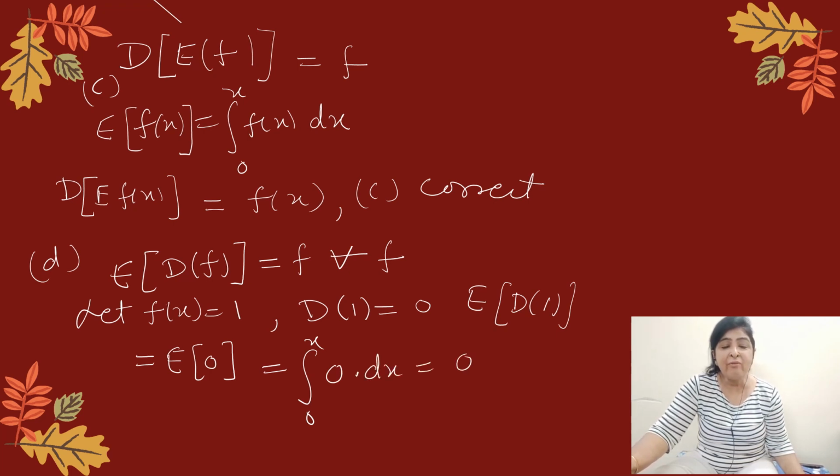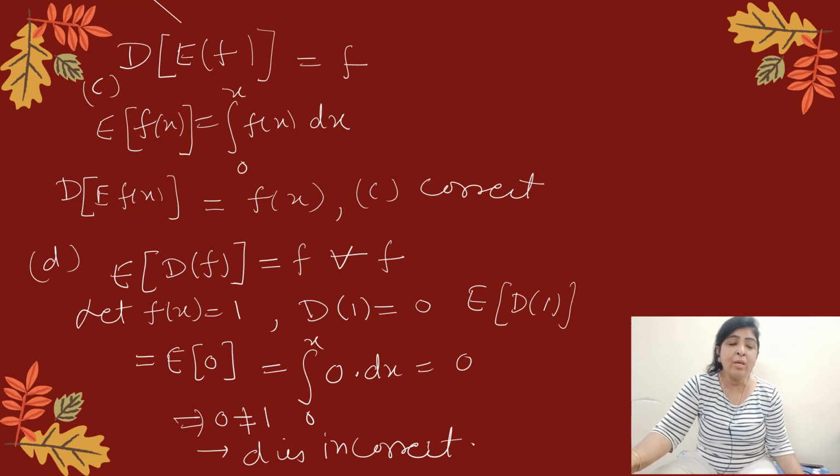But we have assumed f(x) as 1 and we are getting the result as 0. So this implies 0 is not equal to 1. So D is incorrect.